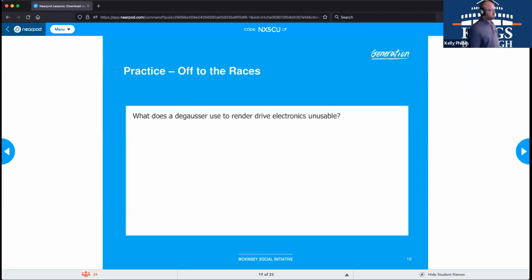What does a degausser use to render a drive useless? Magnetic fields. You are absolutely correct. It uses very powerful magnets to create a magnetic field that pretty much renders the drive useless. Excellent.